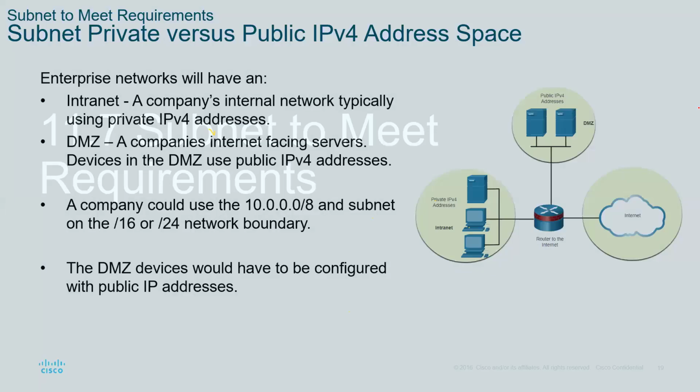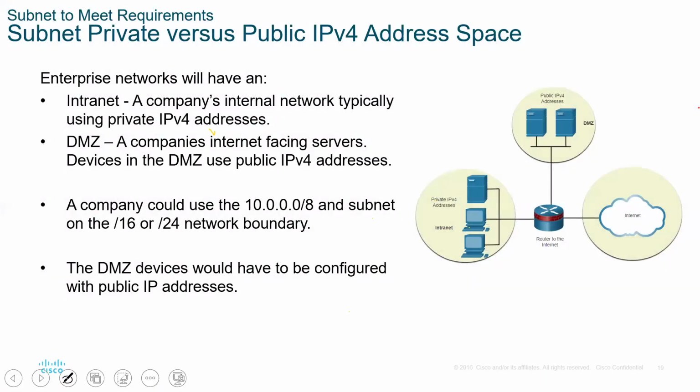Subnets to meet requirements. When you are subnetting, you have to subnet to meet the requirements of your organization. An enterprise network will have an intranet, maybe a company's internal network, typically using private IP version 4. Or it may have a DMZ, a company's internet-facing servers, and devices in the DMZ may also use public addresses.